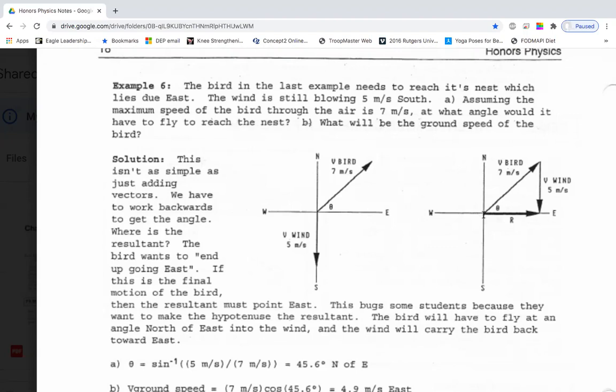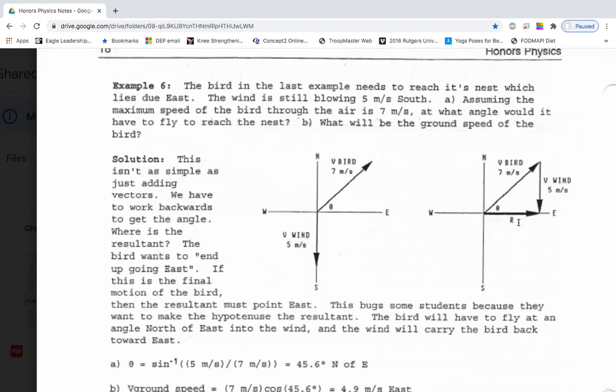So you can see what we've done. We don't know what angle yet to solve for, but we can lay out the vectors and say the bird can fly 7 meters per second through the air, and then the wind brings it back down to east. And that's where the bird wants to end up going, along this line.